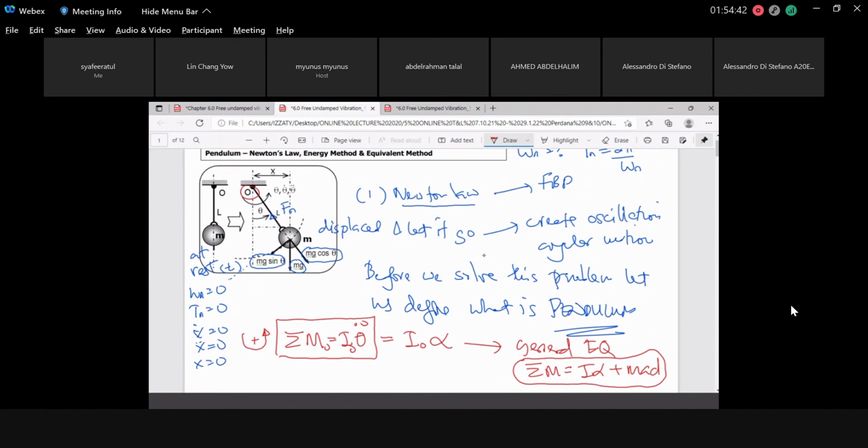So from this one, you have negative mg sine theta multiplied by L, because we are talking about moment, correct? Is equal to I naught theta double dot.